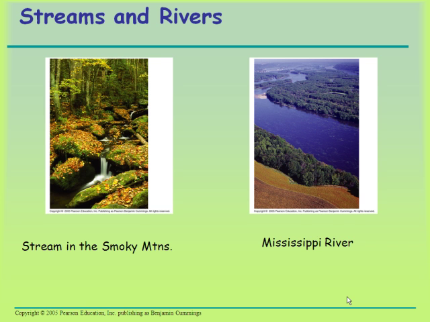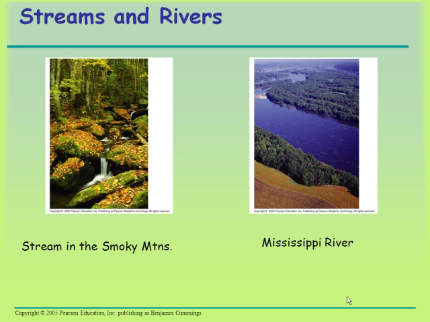Streams and rivers. A stream in the Smoky Mountains in North Carolina, a large river, the Mississippi River. The most prominent physical characteristic of streams and rivers is their current. This is a faster current here than here. Headwater streams are generally cold, clear, turbulent, and swift, like in the Smoky Mountains.